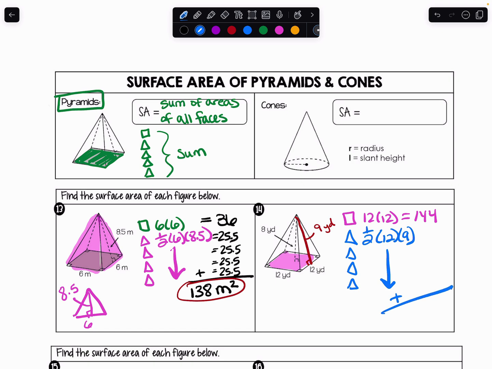I might as well do it. So each of these is 54. And let's get an answer, 54 times 4. And then we'll add 144. So this one would be 360 yards squared.